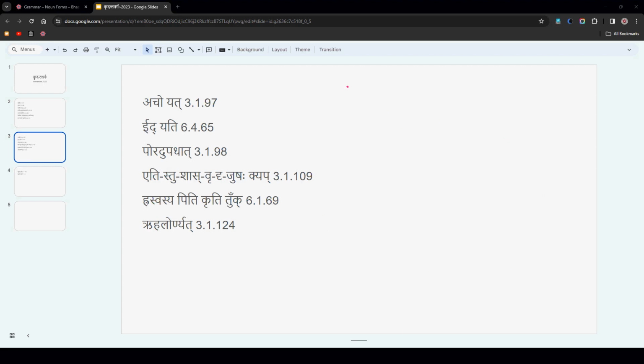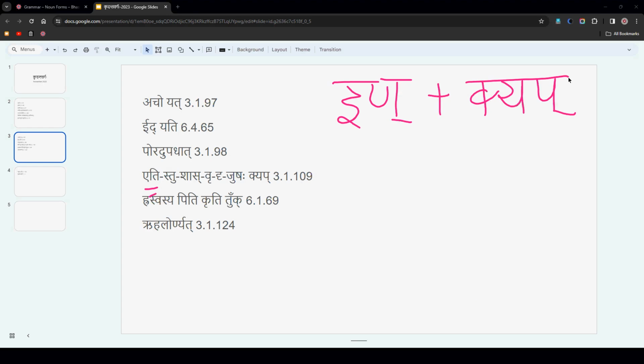Same thing with the i dhatu also. Here also we add Kyap. In the i dhatu also, the na first goes away, and only i remains.